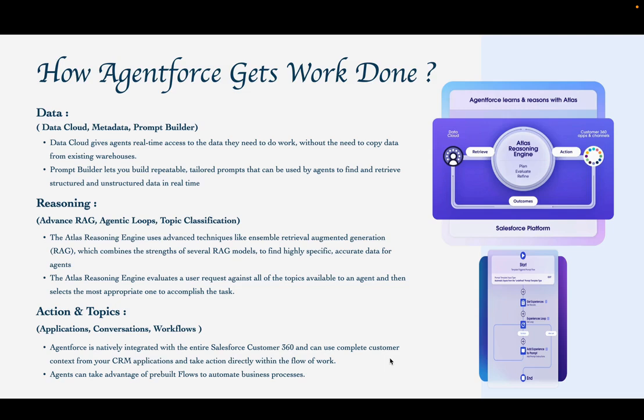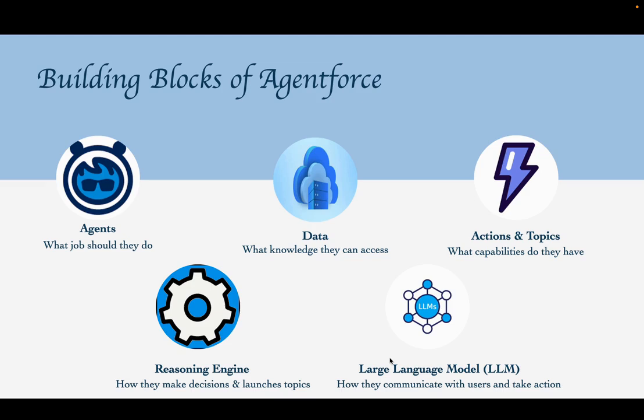Now that you know all the technologies and components that help an agent get its work done, let's put it all together and take a look at the major building blocks of AgentForce. The first one is agents. It refers to the roles and the jobs the agents are assigned to do. Next, we have the data, which refers to the knowledge that our agents can access from the system.